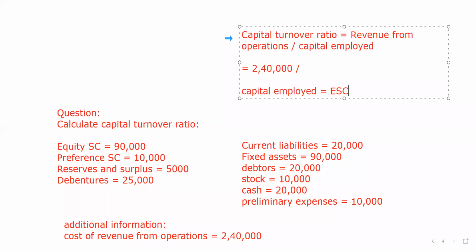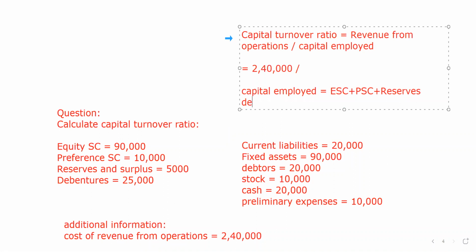Equity share capital plus preference share capital plus reserves and surplus plus debentures, if we have any debentures, minus any fictitious assets. So in this case, we have a fictitious asset, which is preliminary expense.